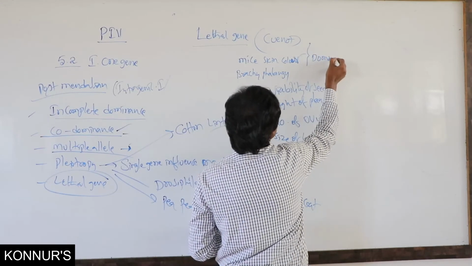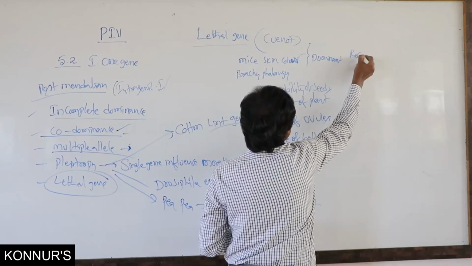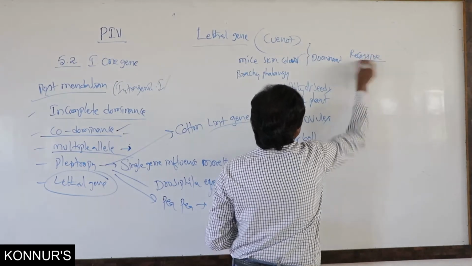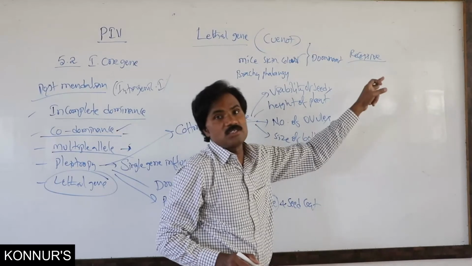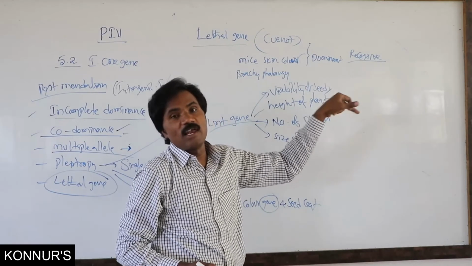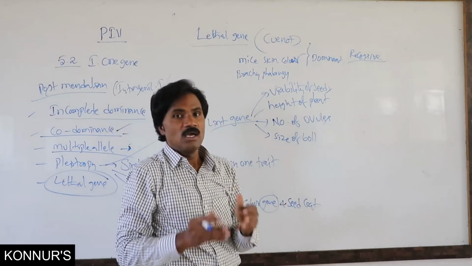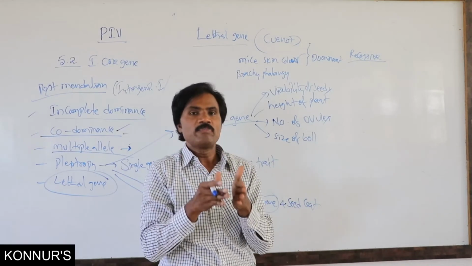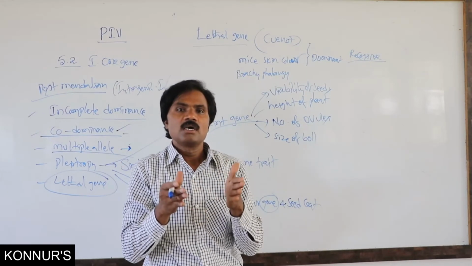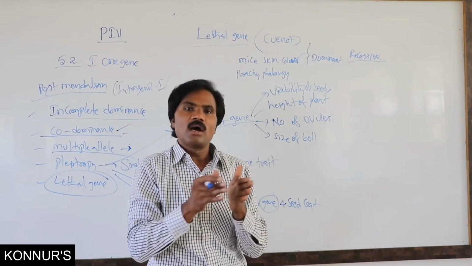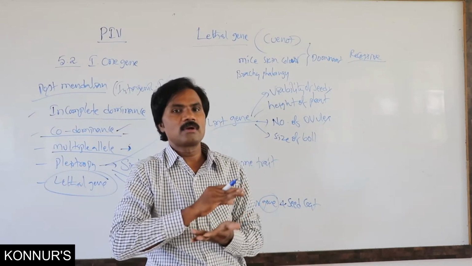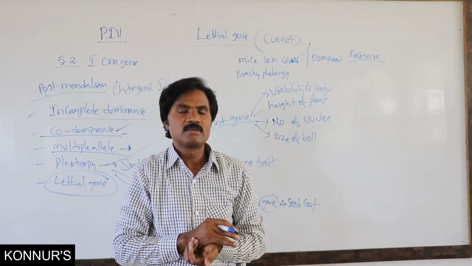This is dominant. If it is recessive, Tay-Sachs in human beings, hydrocephaly in mice. In Tay-Sachs, normally the myelinated sheath of the neuron is covered with fluid, leading to improper muscular contraction.